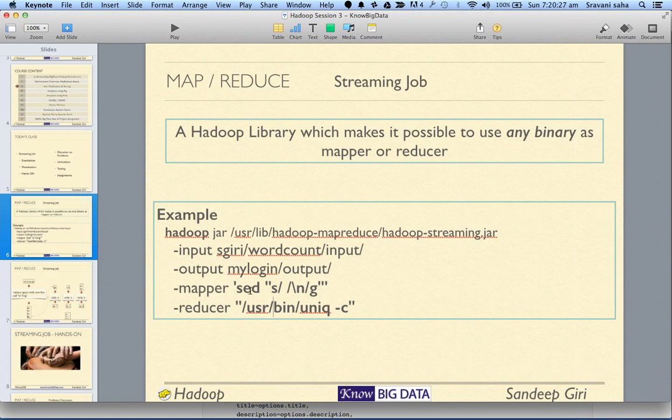So how many of you are aware of SED? Yes. The text file that is given to the mapper is from HDFS. Great.